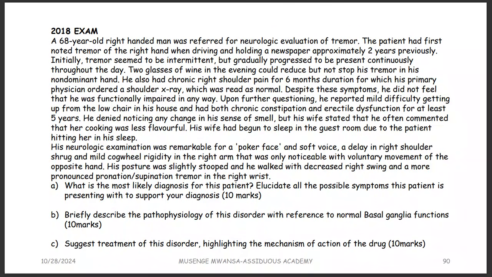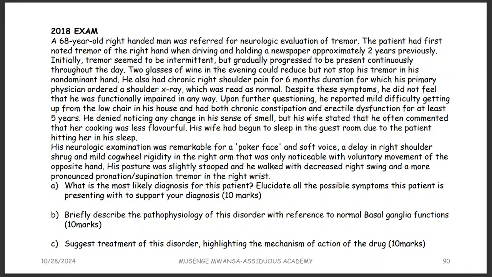He also had chronic right shoulder pain for 6 months, for which his primary physician ordered a shoulder x-ray, which was read as normal. Despite these symptoms, he did not feel that he was functionally impaired in any way.